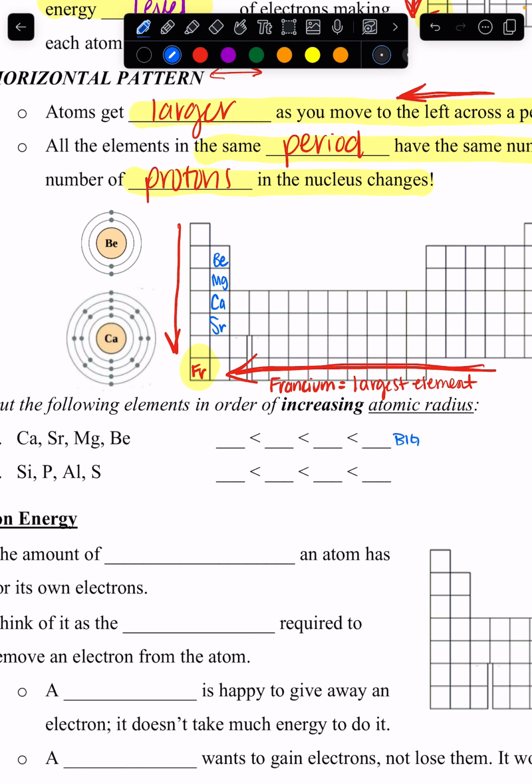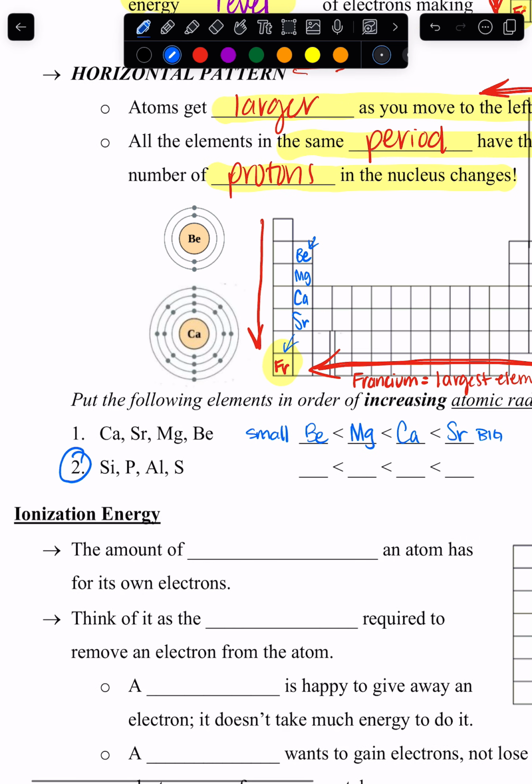So big is at this end, small is at this end. The closer I get to francium, the bigger it gets. So strontium is my biggest one. The further away I am, the smaller I am. So beryllium is the smallest one. And then you just fill in as I move up the group. As I move up the group, I get smaller. Okay, so then you're going to try number 2.